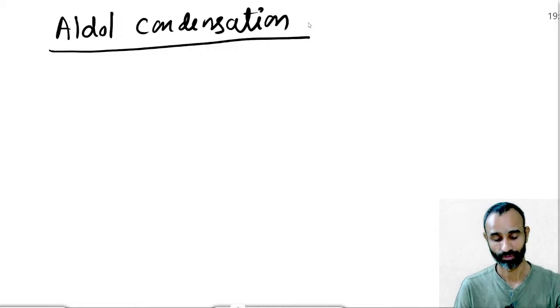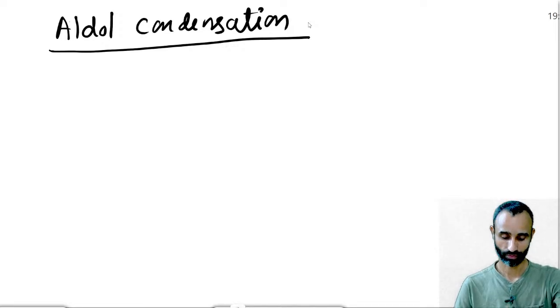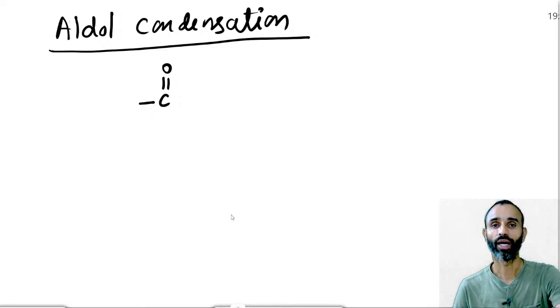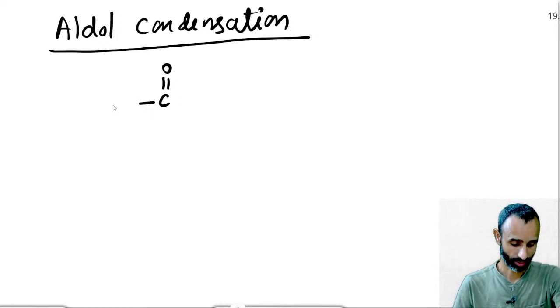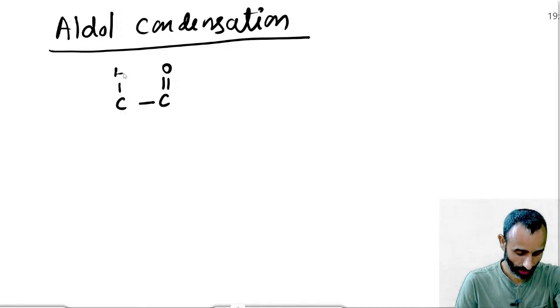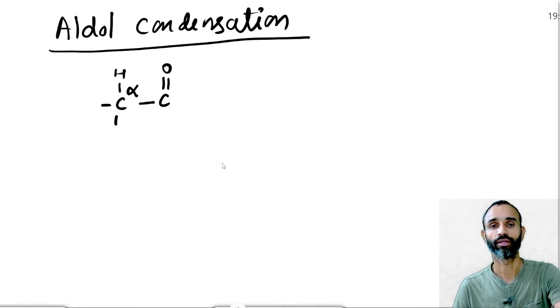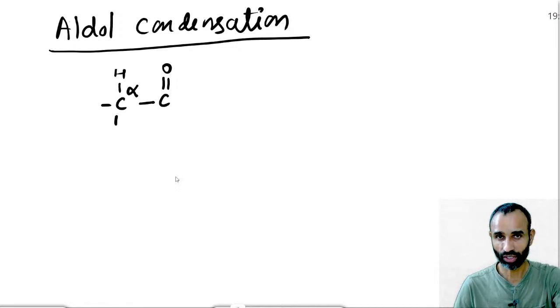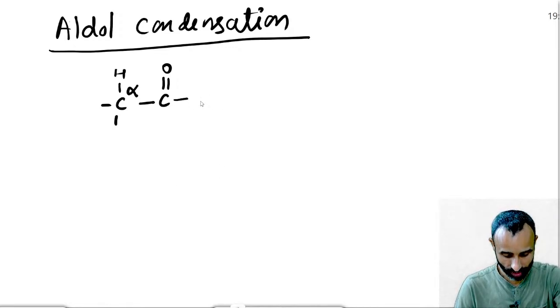So for aldol, first of all, we have a CO group attached to a saturated carbon containing hydrogen, meaning alpha hydrogen is required, and this alpha hydrogen is acidic.